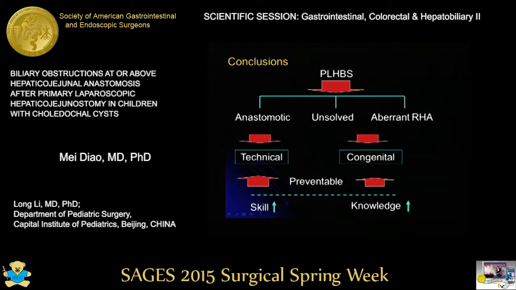Ladies and gentlemen, our conclusion is that post-laparoscopic biliary stenosis can be caused by anastomotic stenosis, intrahepatic duct stricture, and aberrant right hepatic artery. These complications can be prevented by improvement of skills and knowledge.